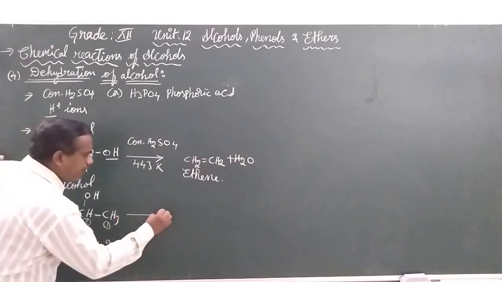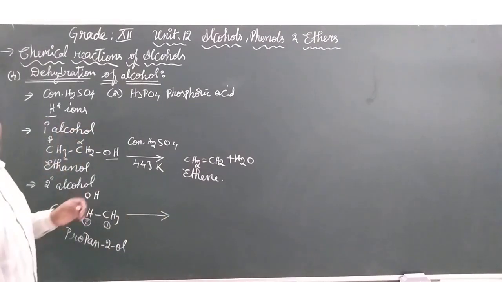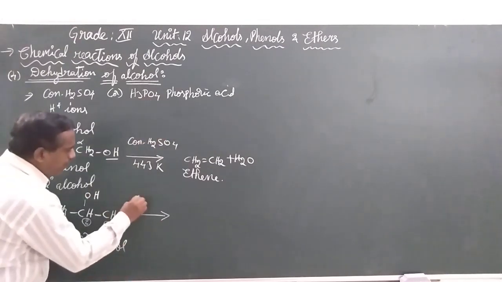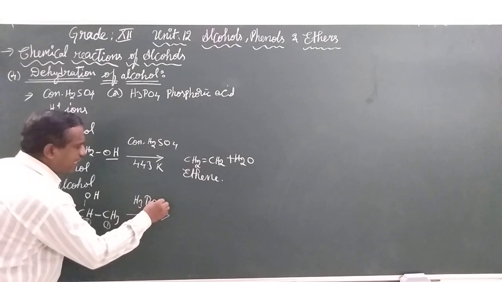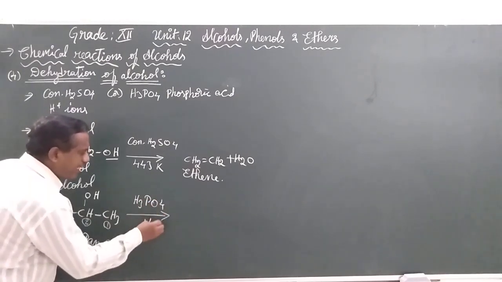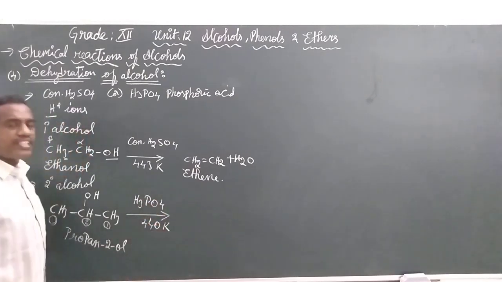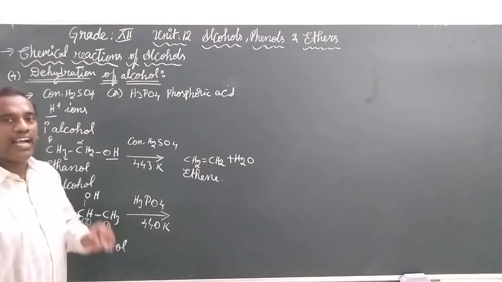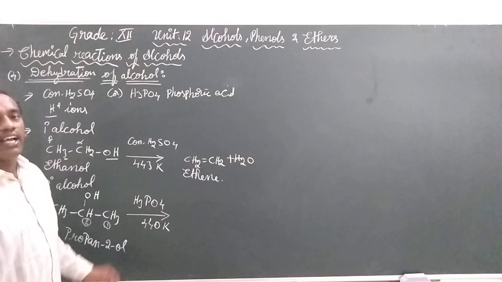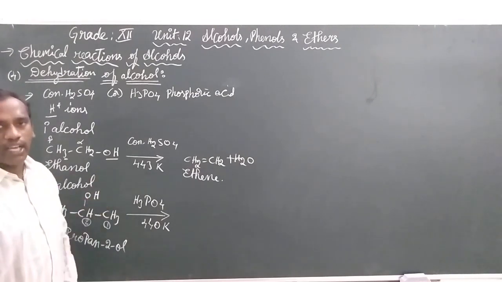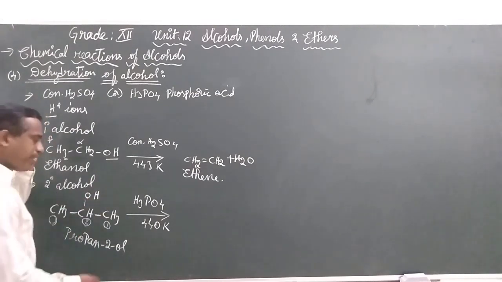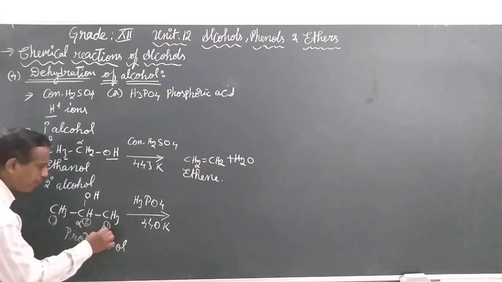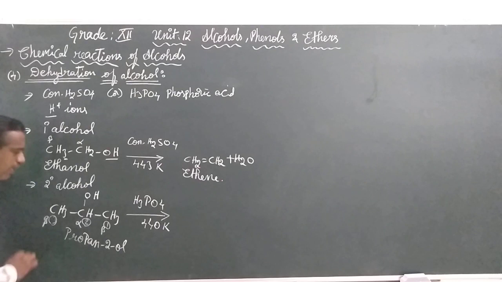Now, in this case, we are going to use the phosphoric acid. When we use the phosphoric acid, dehydration can be achieved at a very low temperature than in the case of primary alcohol. Here, imagine this is the alpha carbon and here we have the beta carbons.